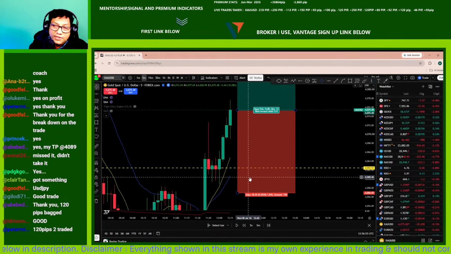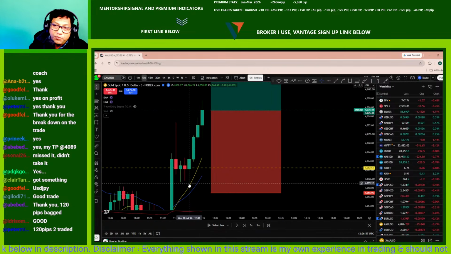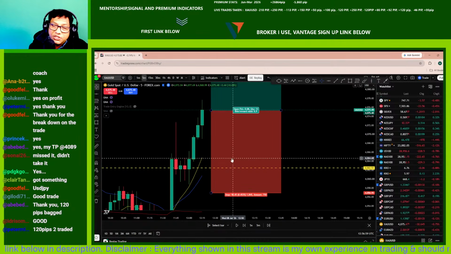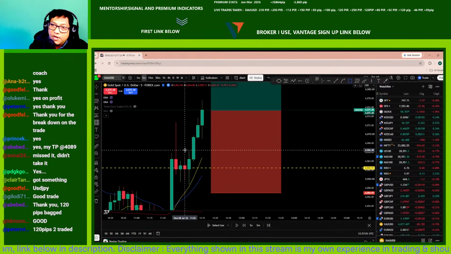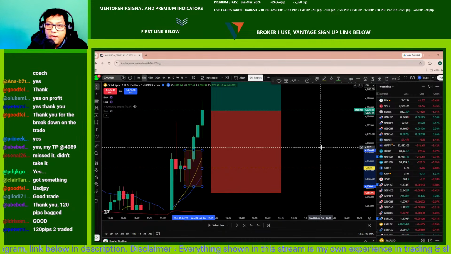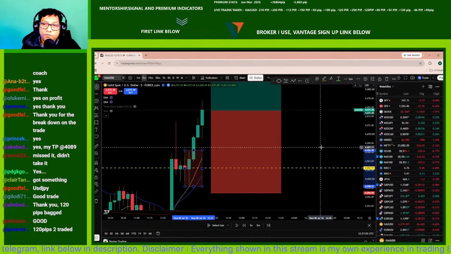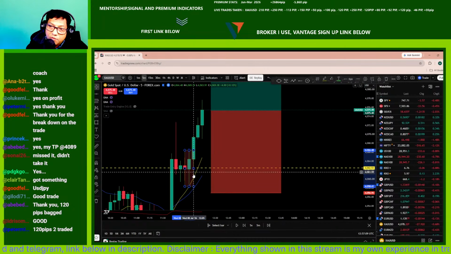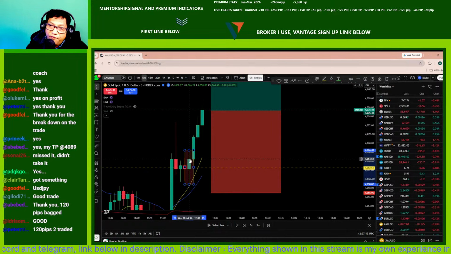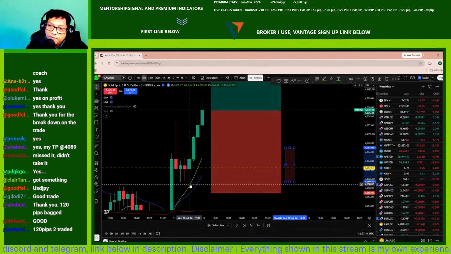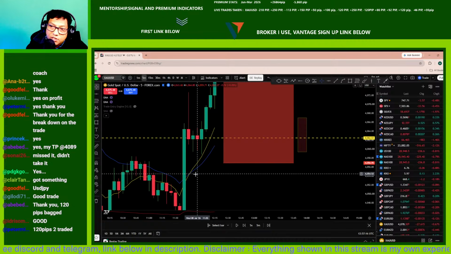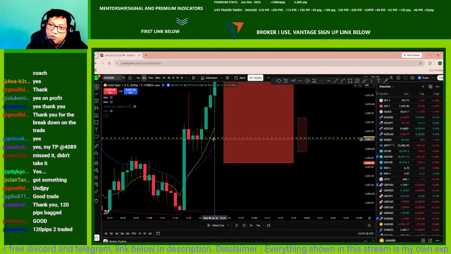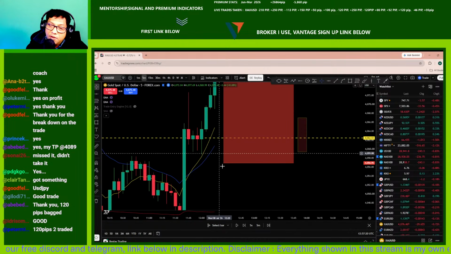So what we can see here, look at the price action, what kind of candlestick pattern you can see. There is a 5 minute bullish engulfer, and with this 5 minute bullish engulfer there's a crossover of both the 10 and 20 EMA, 20 EMA below, 10 EMA in uptrend.